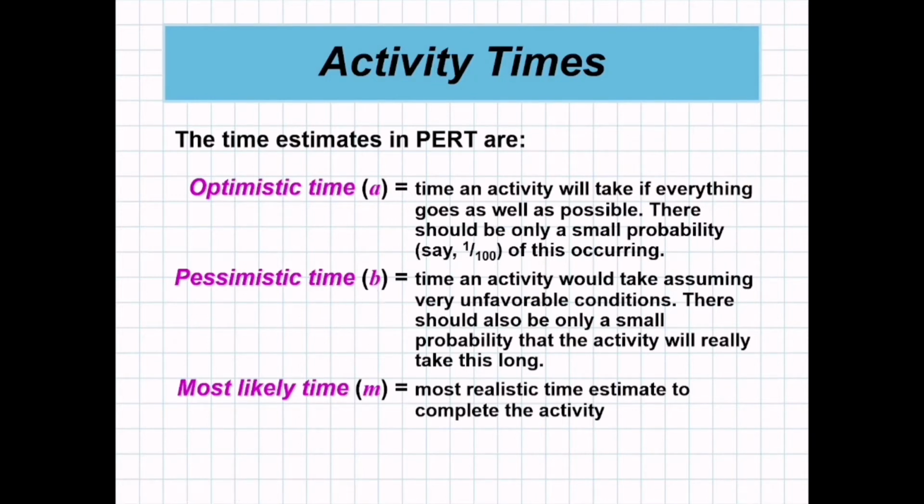The time estimates in PERT are: optimistic time, what the activity will take if everything goes as well as possible; pessimistic time, what the activity would take assuming very unfavorable conditions; and most likely time, the most realistic time estimate to complete the activity.